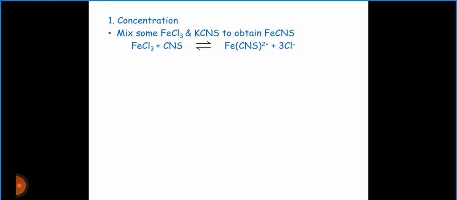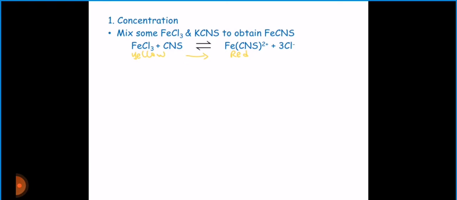When we mix them together, we can see that a red colour is obtained. This red colour indicates the production of our ferrothiocyanate. So we've got the yellow going to the red.